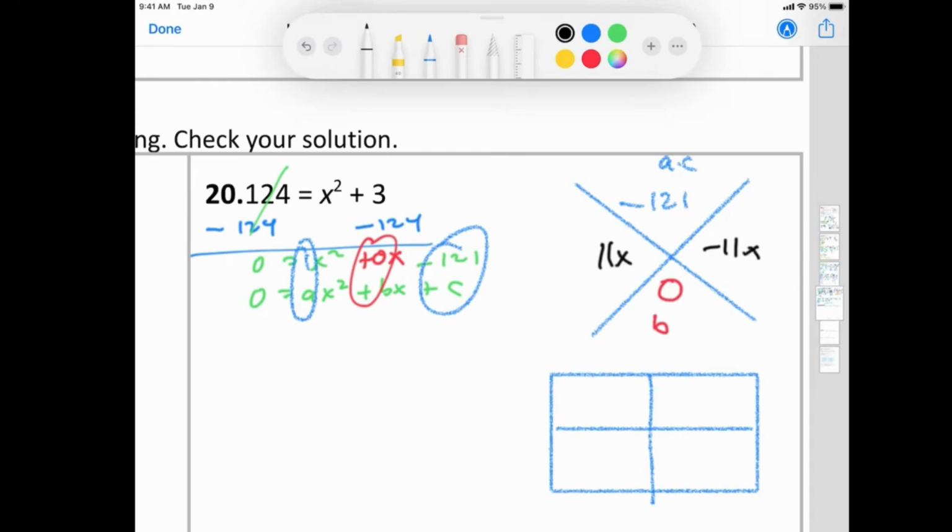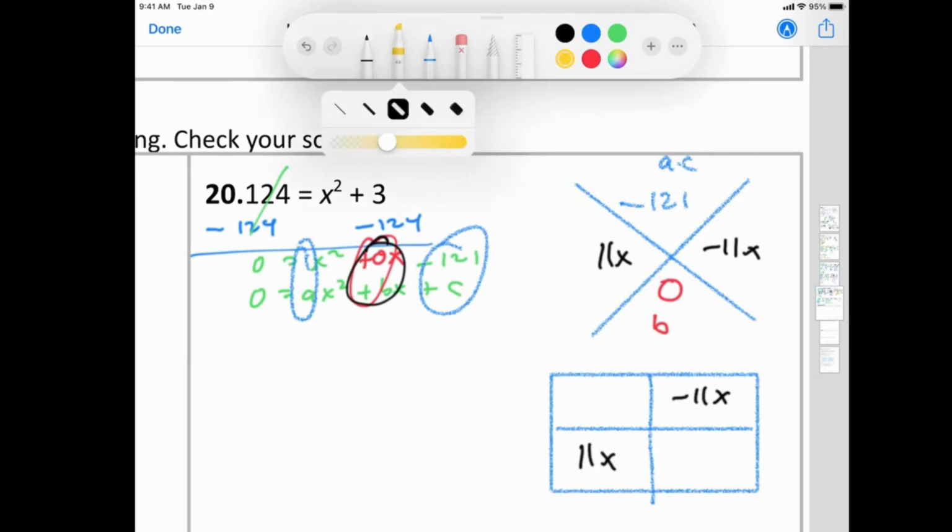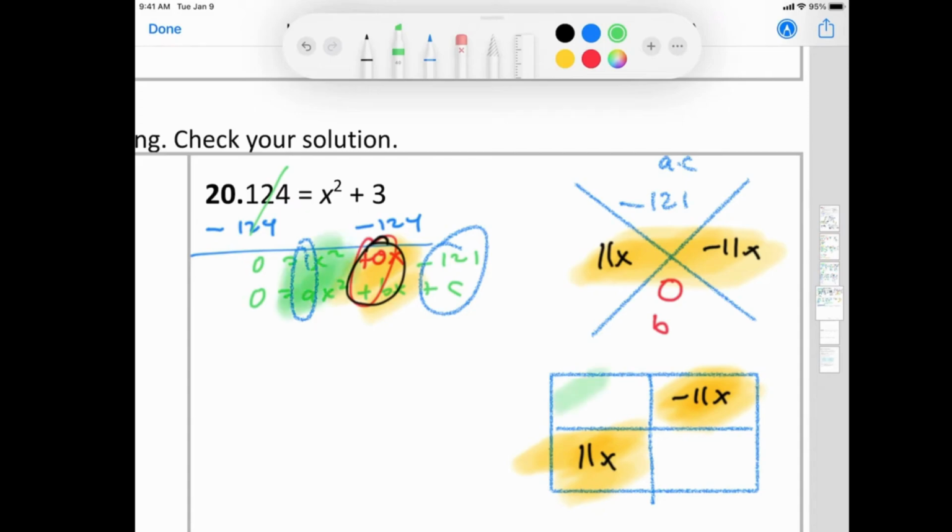So this splits this one, so that'll be 11x, negative 11x. Those two on the side, these two always go in these two positions. Just make that clear because it's splitting this term. Okay, so this one, that whole term, always goes here. So that means this would be x squared, always. And then the c value will always go in the bottom right, always. So hopefully this color coding or pattern helps you.